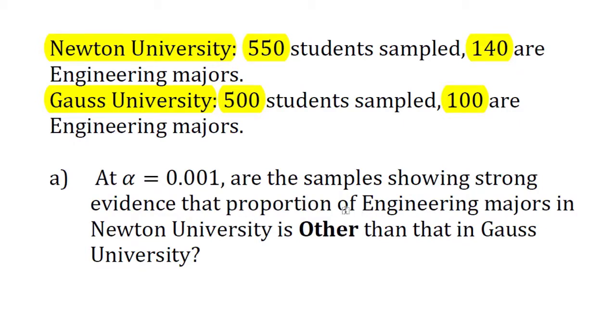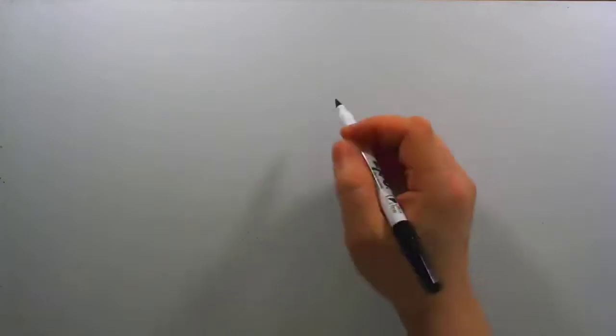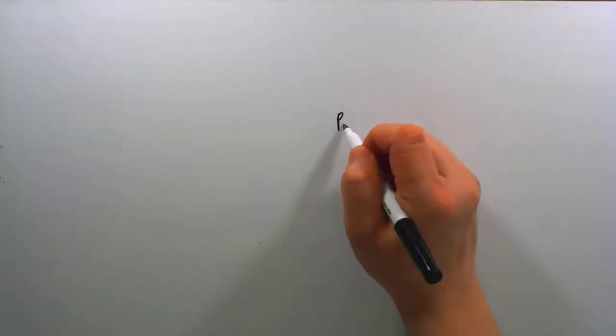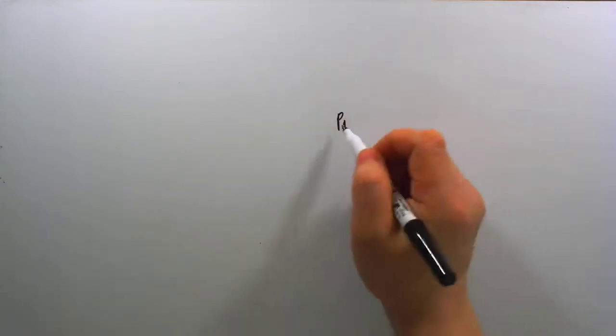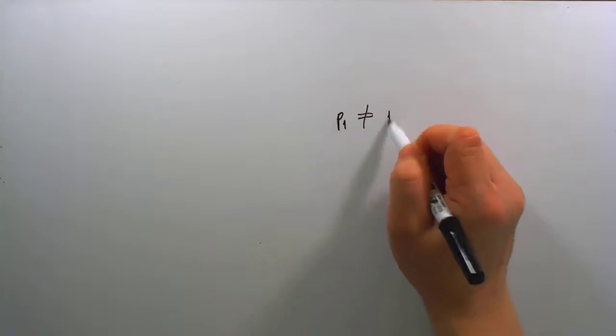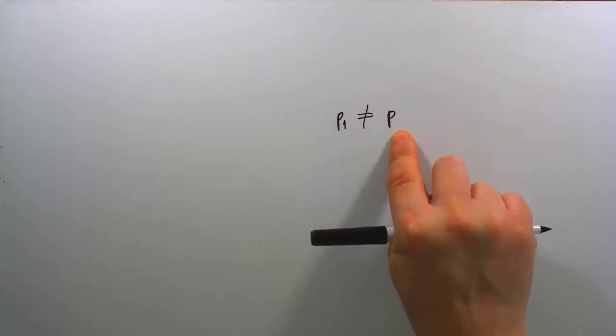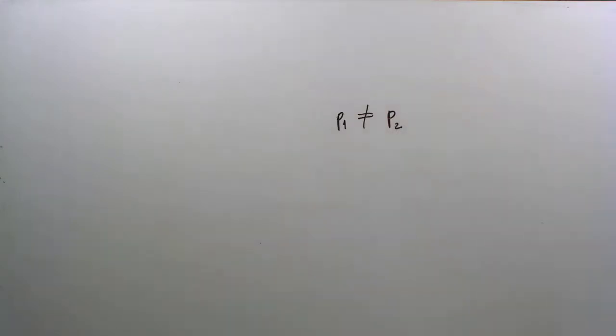We want to compare the proportion of engineering majors in Newton University, and we want to prove that the proportion of engineering majors from Newton University is other than that in Gauss University. So we are trying to prove that P1, because this is the proportion of engineering majors in Newton University, is other than that same population proportion in Gauss University, so it's P2, that's how we call it.